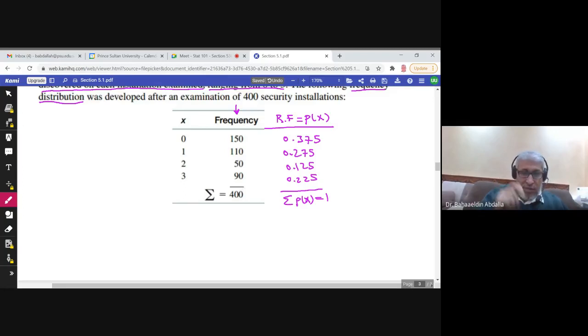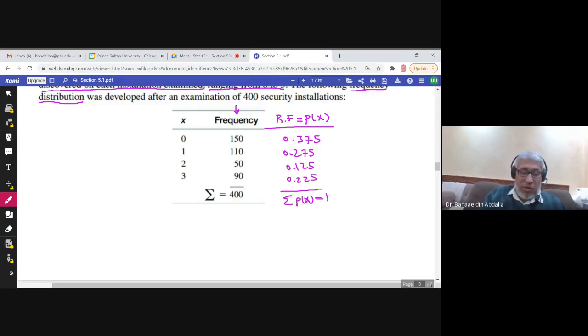And you enter the numbers 0, 1, 2, 3, and you put the probabilities in place of frequencies in the calculator. So 0.375, 0.275. Please, you can try with me if you have a calculator. Try to solve the question with the calculator to get used to it.